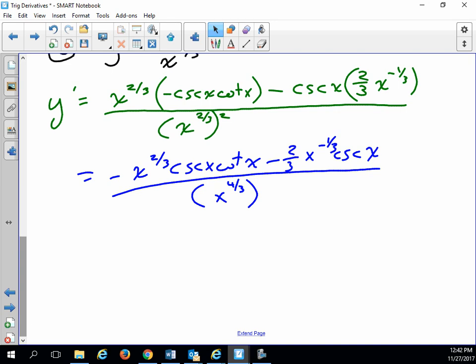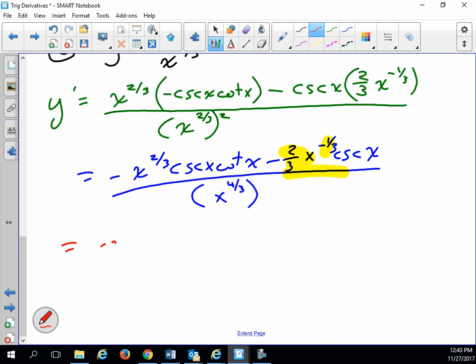This is what's called a complex fraction because I have fractions within fractions and I have negative exponents, so that's going to be an issue. What I am going to do is simplify, and I'm going to do it 2 different ways to show you 2 different ways that I can simplify this.